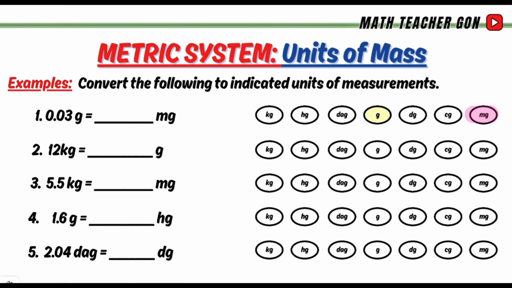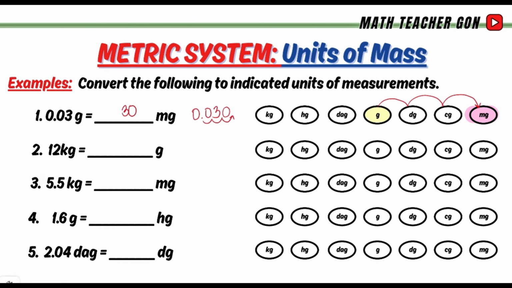Now, from grams going to milligrams, let's count how many units to the right. 1, 2, 3. 3 units to the right. So therefore, let's write 0.03. From the decimal point, we will move the decimal point to the right 3 times. 1, 2, 3. For the missing area, you put 0. So there you go. The answer here is 30 mg.